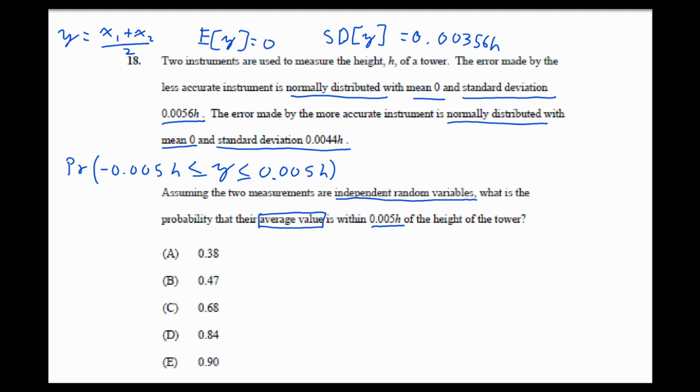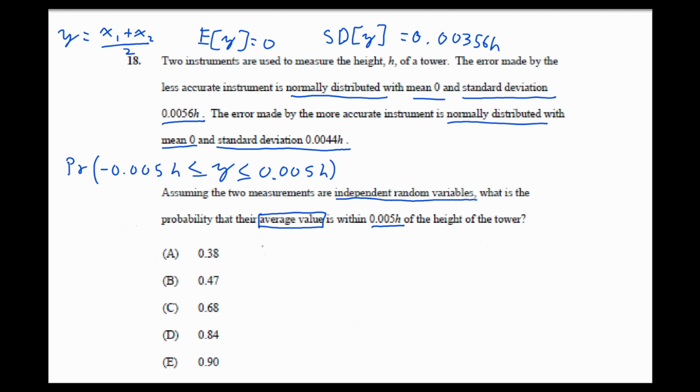So the first part of this is that we're going to look for a normal distribution. When you look at the z table, it's going to be cumulative, and they're probably going to give you only the positive values. So we're going to first look at this part, the 0.005h.